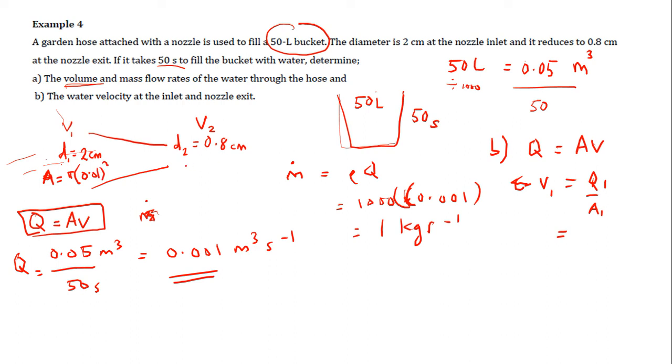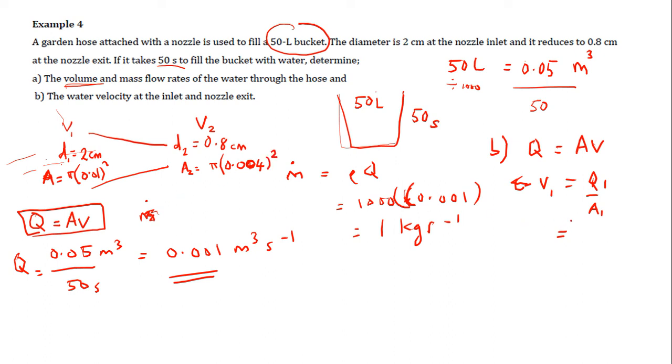So that's your A1, and A2 is equal to pi times 0.4, 0.004 square. Don't forget, don't make a mistake here, so square.